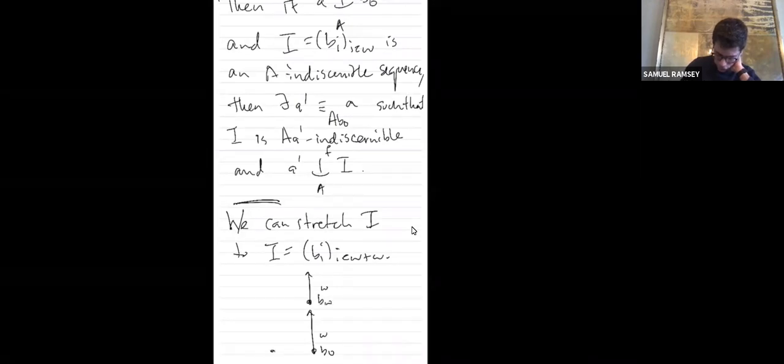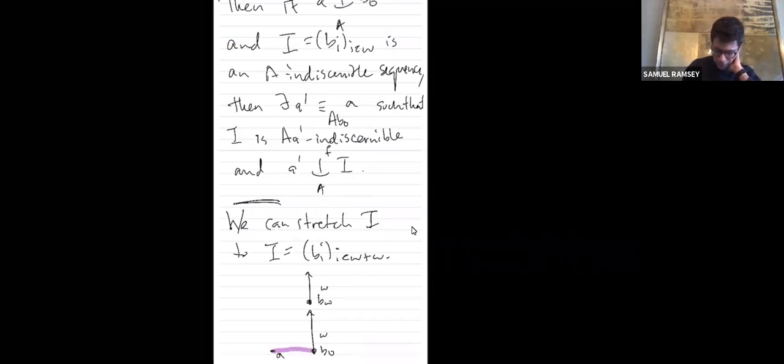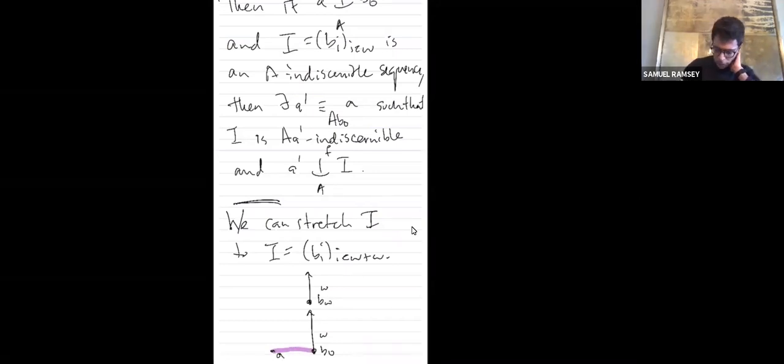And we had some relations that held between A and B0, like that. So what we're going to do first is pick some A prime such that it also relates to B omega in the same way. And we can do that because B0 and B omega have the same type over A, because they're on an indiscernible sequence. So I can copy the relations that hold between A and B0 to some element A prime, which holds not between A and B0, but A prime and B omega.